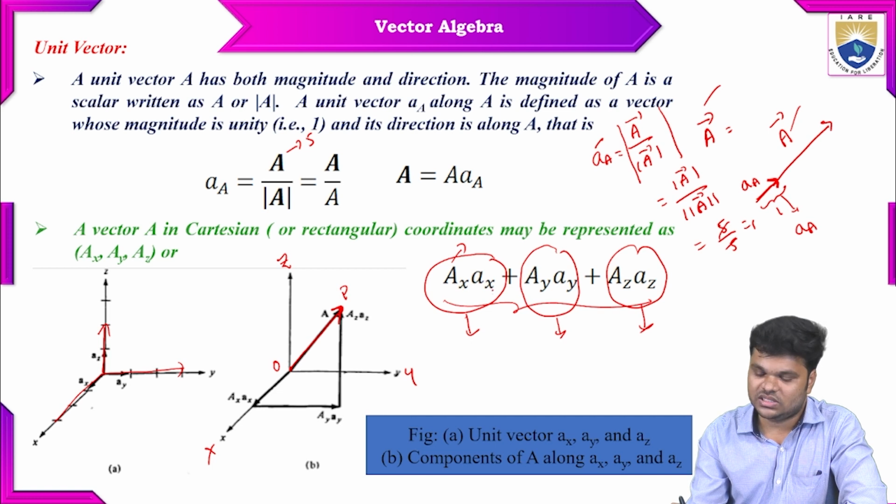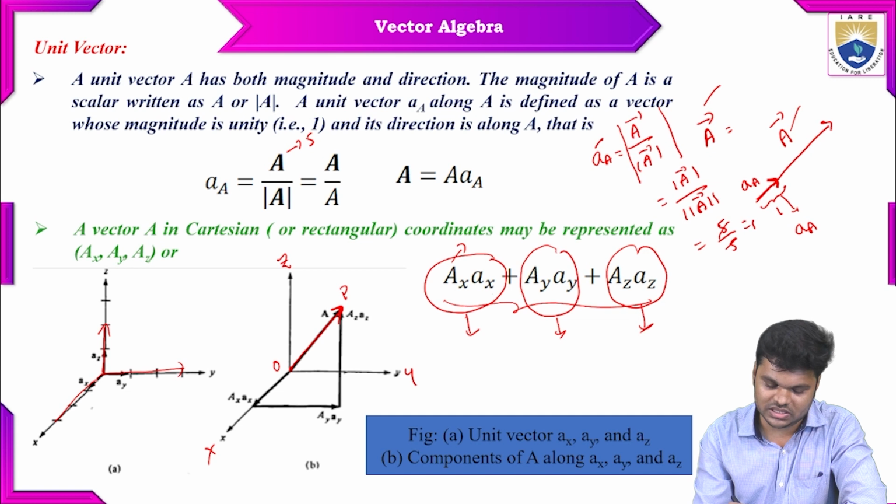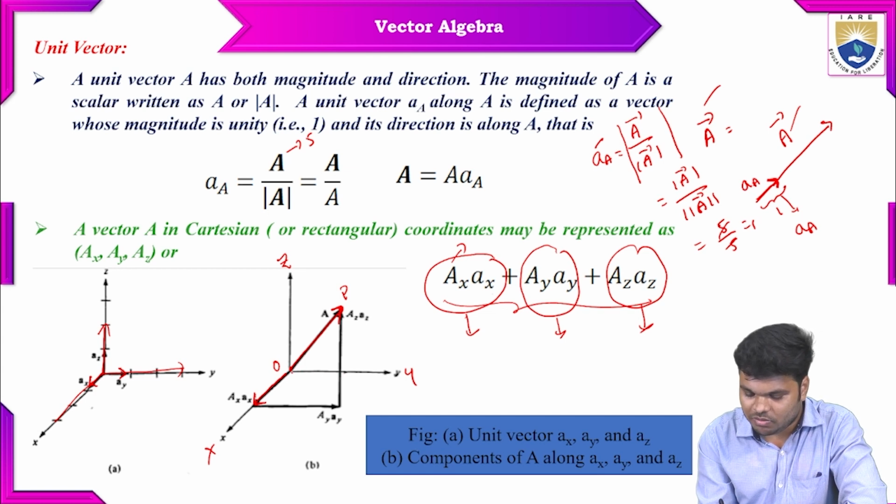So ax means it is a unit vector along x-axis. So ax is generally this one, unit vector along this x-axis. Ay is this one. Ay multiplied with some magnitude means it will be like this.